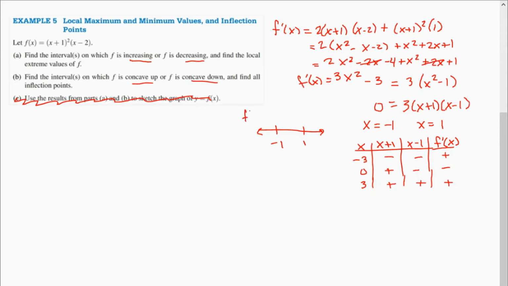Okay, so my derivative, positive, negative, positive, that means that my function is increasing, decreasing, and increasing in these intervals. This is a local max, and positive 1 is a local min. We're going to find out what those values are. Plug those values in to figure out what our max and min values actually are.